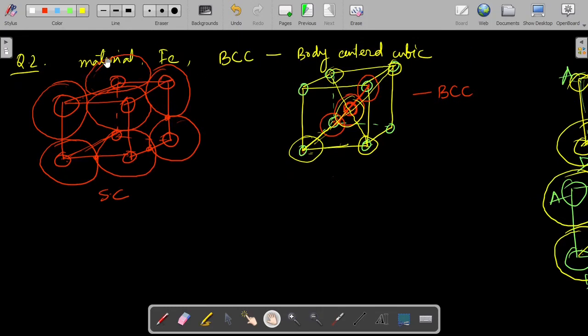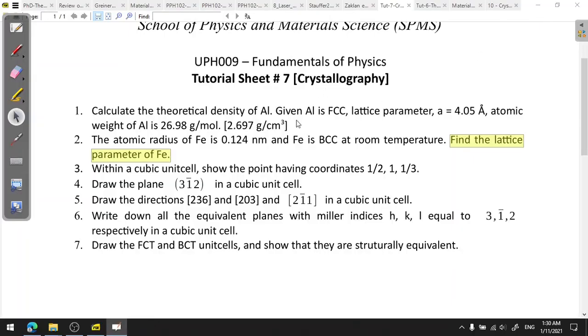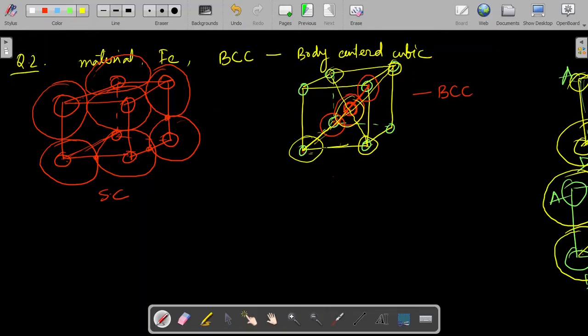So anyway, coming back, the material is iron. And this is body-centered cubic system like this one. And also one more thing is given, which is that it has an atomic radius. The iron atom has an atomic radius of 0.124 nanometer. So let's do this. So one such atom has an atomic radius, let's say R is 0.124 nanometer.